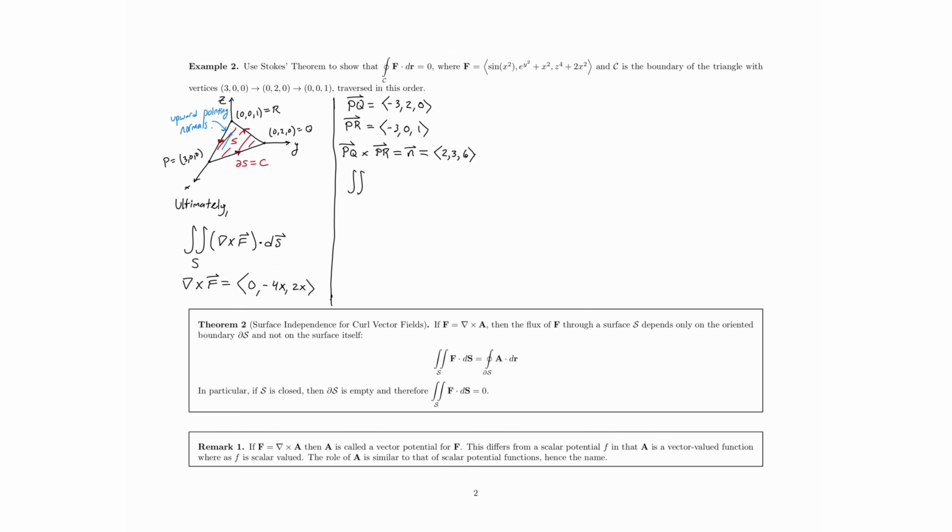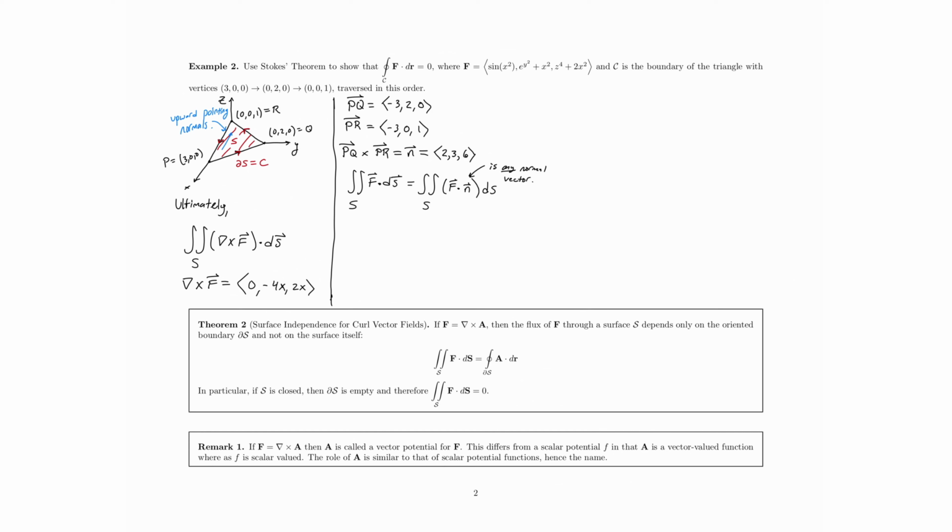The double integral over S of F dot dS can be written as the double integral over S of F dotted with lowercase n, let's say now, dS, where this n is any normal vector.